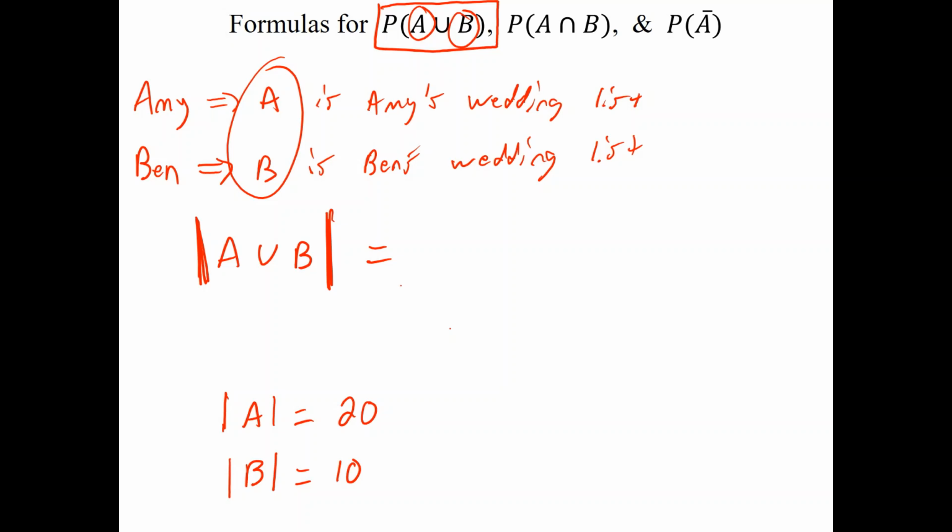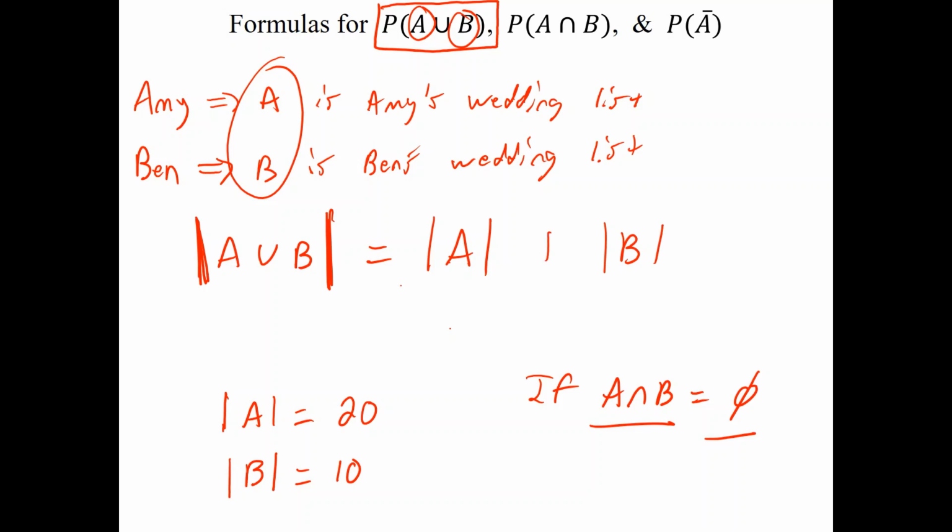So if the events are disjoint, that means there's nothing on both. So if A intersect B is empty, then you can just figure out how many people Amy is inviting to the wedding, how many people Ben is inviting to the wedding, and add them up. So you would get 20 plus 10, which is 30.